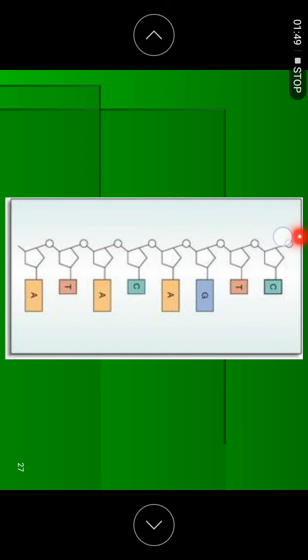This circle, the pentose, and also the nitrogenous base. So you see pentose, phosphate, pentose, phosphate, sugar, phosphate. Pentose is a 5-carbon sugar. So phosphate, sugar, phosphate, sugar, they make one backbone like that.